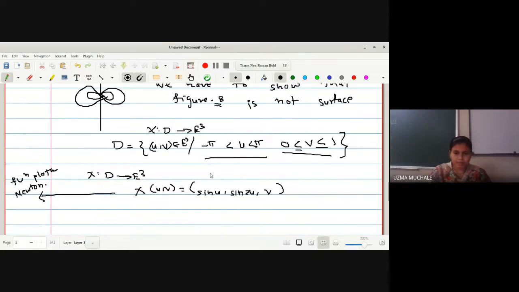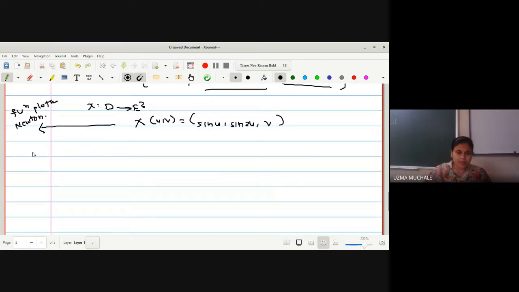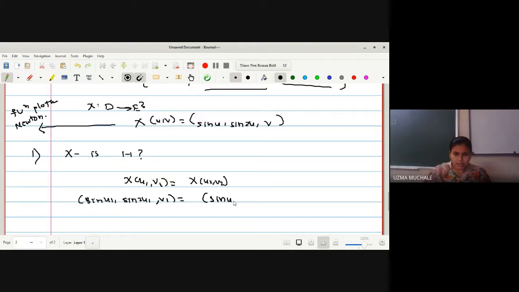Let us check one by one for this mapping. Let us start with the first one: check that X is 1-1. So for that, let me consider X of (u1, v1) equal to X of (u2, v2), which means (sin u1, sin 2u1, v1) is equal to (sin u2, sin 2u2, v2).